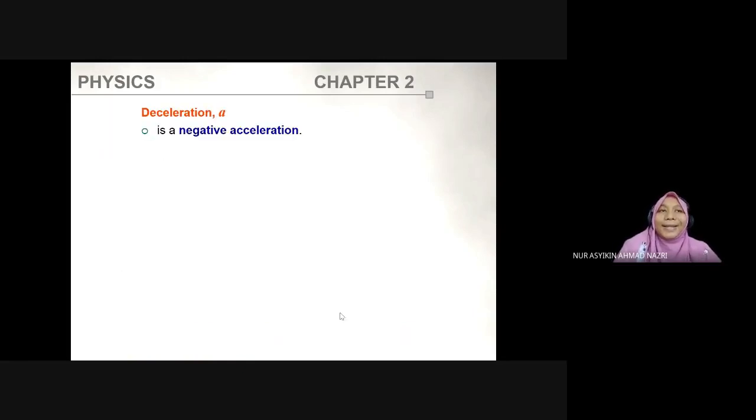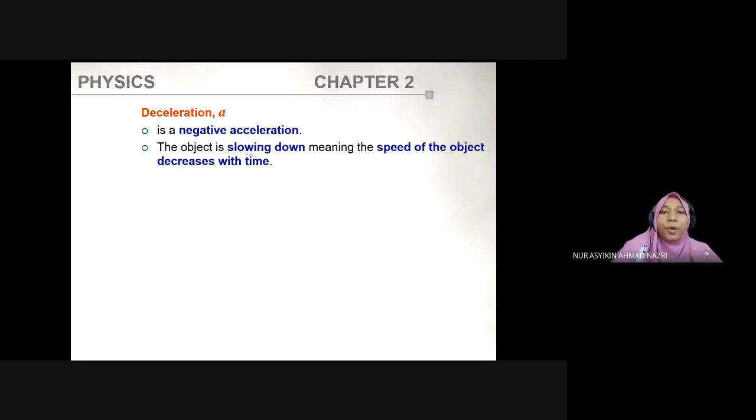So the deceleration is negative acceleration. Why? Because we use the deceleration to slow down. So contoh kereta, kita brake, so kita ada daripada 5 meter per second squared jadi kosong. Okay. Jadi kosong, terberhenti. We stop our car, so we decelerate. But the motion still in that direction. But yang negatif adalah the acceleration sahaja.